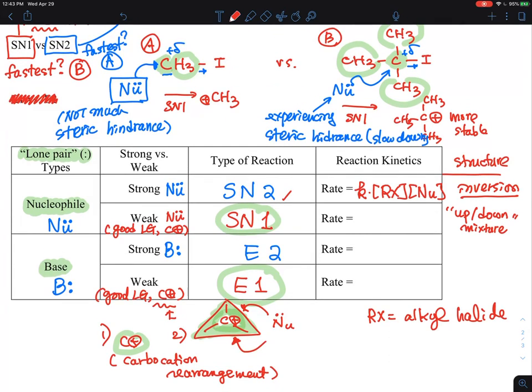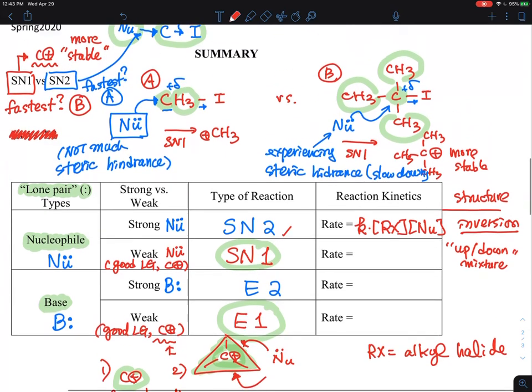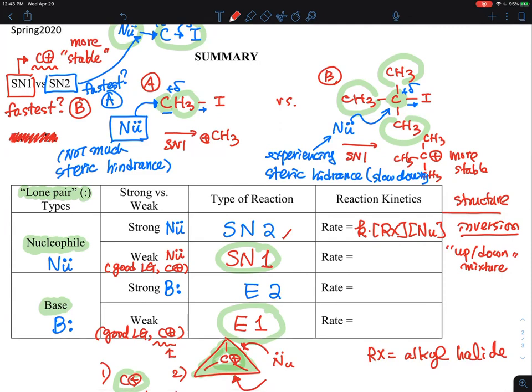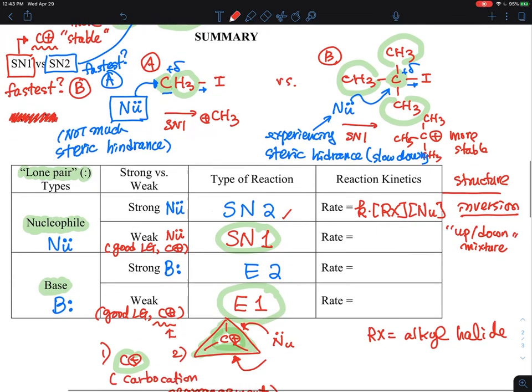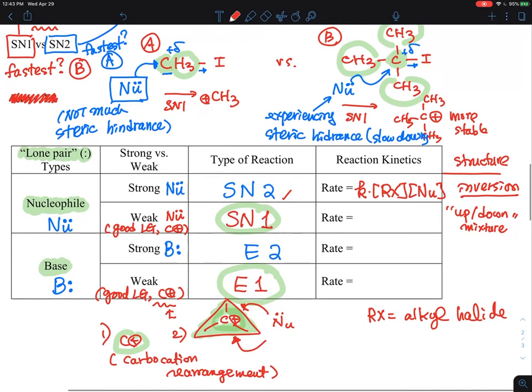So this is an alkyl halide, methyl iodide, or tertiary butyl, so that's an R with an X, which is a halide, and that's the leaving group. When it's a unimolecular nucleophilic substitution, the rate determining step depends just on dissociation of the alkyl halide by losing the halide group. So it does not depend on the nucleophile concentration.